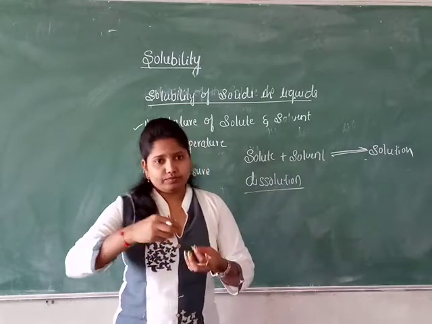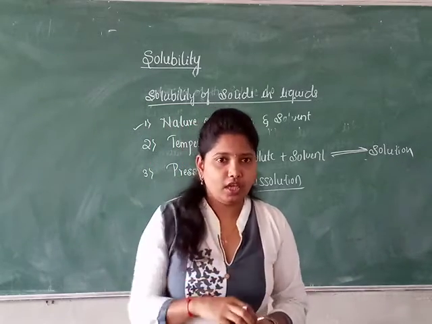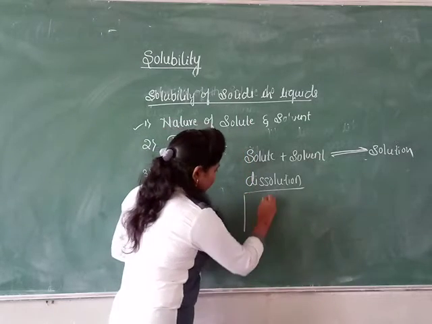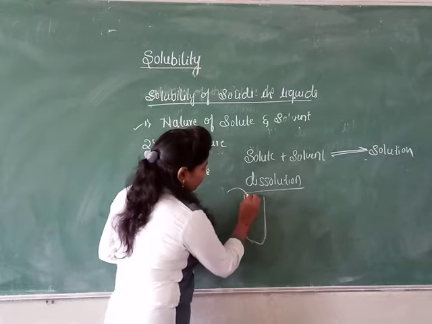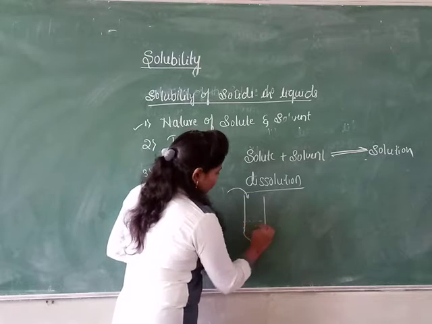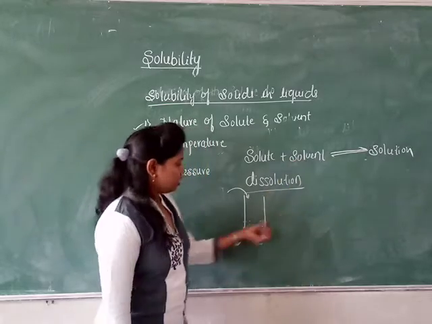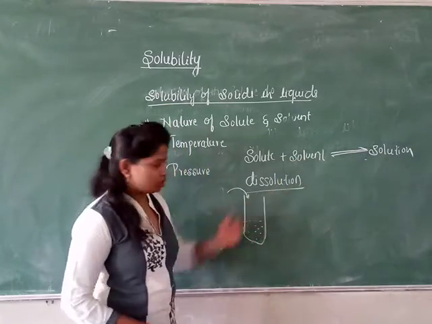So when I add some more solid or any solute to the same solvent, what happens? This is the process of dissolution. When I add a solid compound to the solvent, the solid particles dissolve in the solvent, and such a process is known as dissolution.